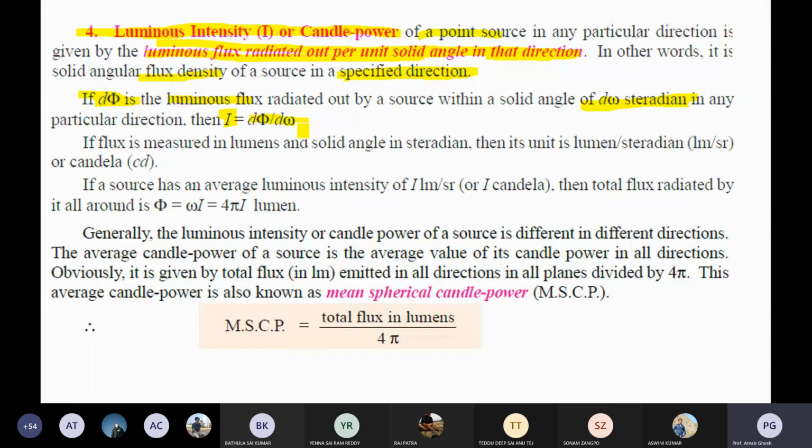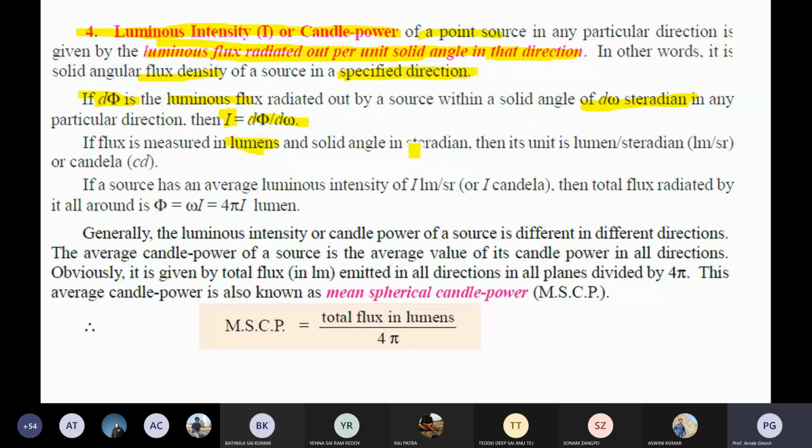If the source has an average luminous intensity I lumen per steradian, or I candela, then what is the total flux radiated all around, phi? It is a flux content, so phi equals omega into I. Basically I equals phi by omega, intensity.